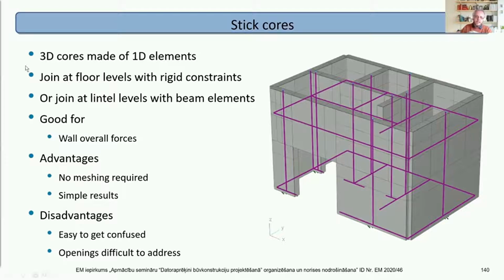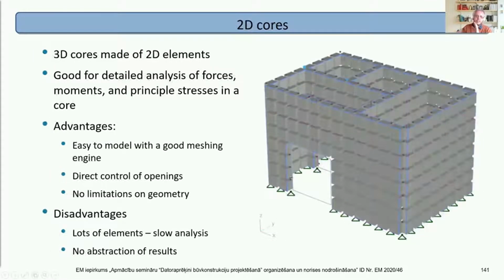And then we have the option of using 2-dimensional elements throughout. So we explicitly model all the core, all the walls, all the lintels, or rather walls with openings, which is another way of thinking about it. And this is good for detailed analysis.